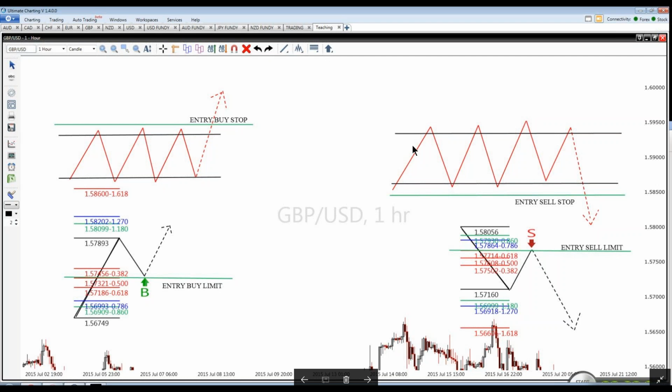The ones that we're talking about, we're expecting that the market is going to hit our price, penetrate, and continue in that direction. Does everyone now understand the difference between the entry buy stop and the entry sell stop, as well as the entry buy limit and the entry sell limit? Perfect. All right, let's continue then, shall we?